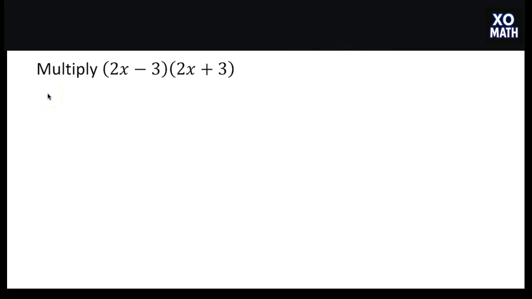So we can go ahead and apply the FOIL technique, and we can multiply the first terms together. So 2x times 2x is 4x squared. The outer terms, so 2x times 3 is positive 6x.